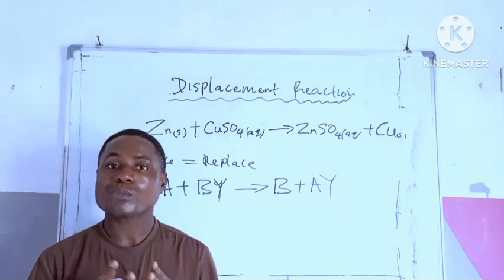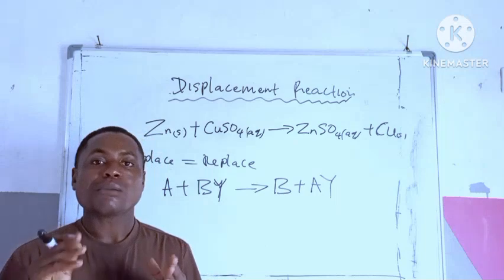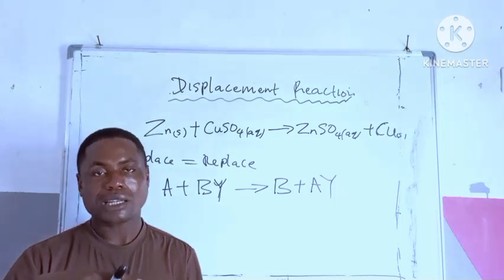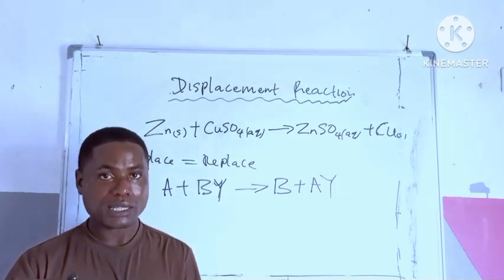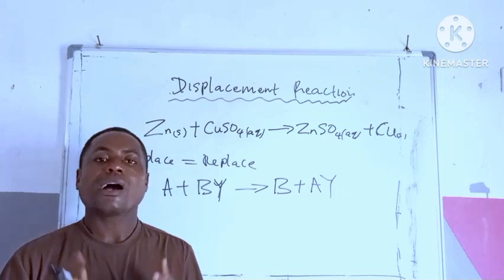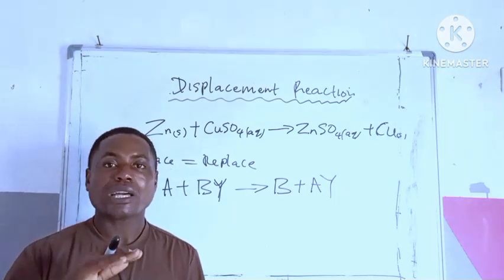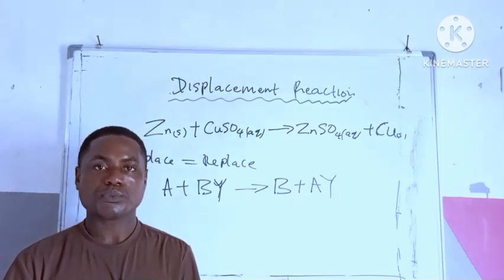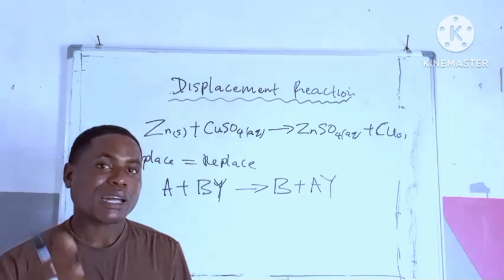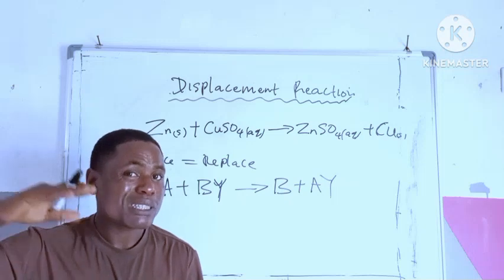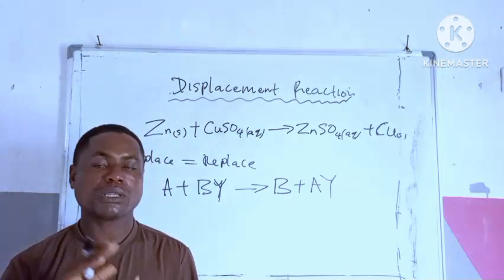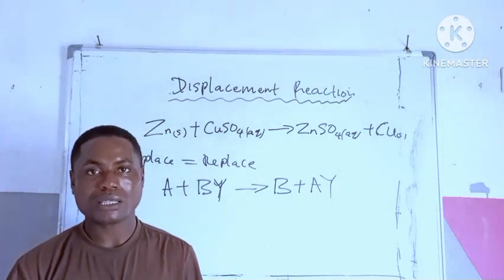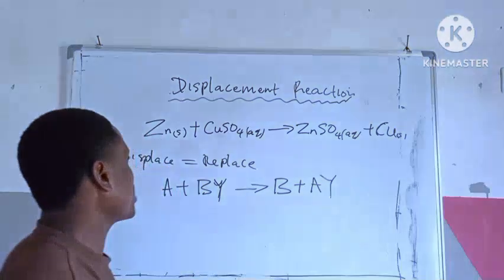So in the aspect of positivity, the more electropositive ones will replace the less electropositive ones in a given reaction. And also, the more electronegative ones will replace the less electronegative ones. Meaning that a lesser one cannot replace a higher one in a chemical reaction. Only the higher ones can replace the lesser ones.